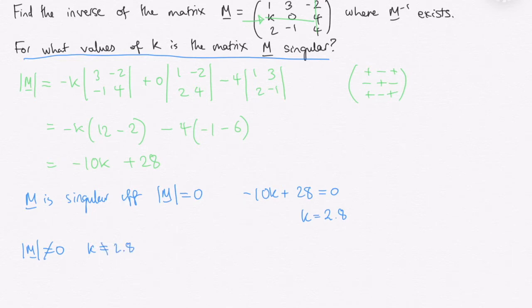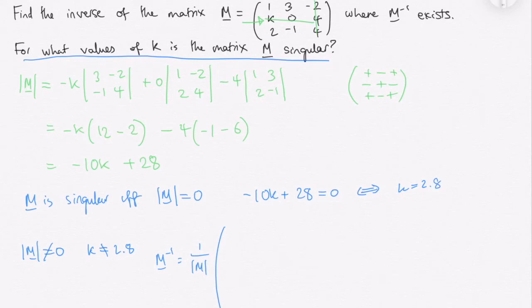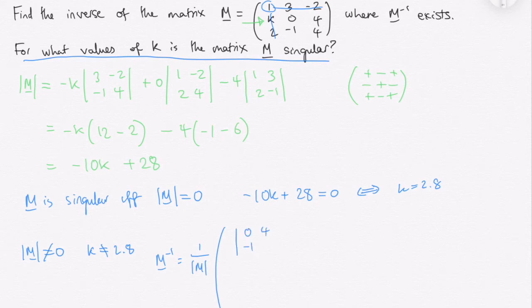Okay, and if this is the case, we then know that M inverse is equal to 1 over the determinant of M. And then we have a nice big matrix here of our cofactors. So our first cofactor in the top left corner corresponds to the element 1. So this is the cofactor 0, 4, minus 1, 4.